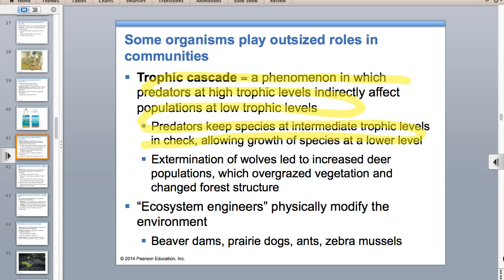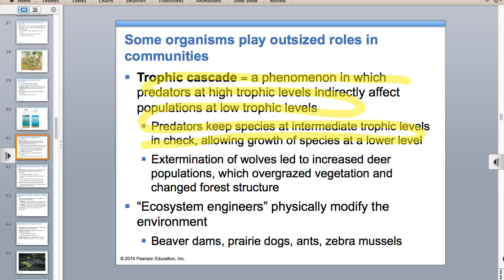When you remove those species, those prey animals like the elk in Yellowstone that went crazy, or like the sea urchins, their populations aren't going to be kept in check anymore, and they're going to overeat the vegetation. Something like white-tailed deer, when we remove something like coyotes, for example, that may eat them, their population gets too high, and so mountain lions, things like that, keep grazing animals in check.